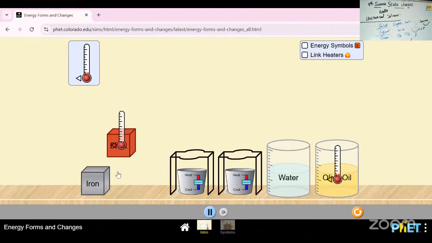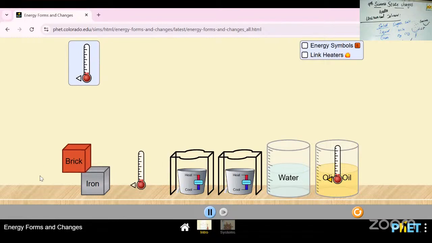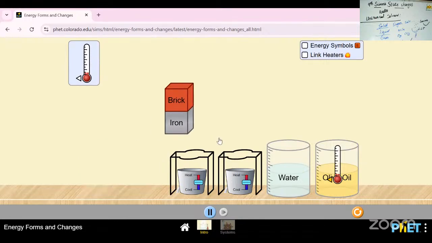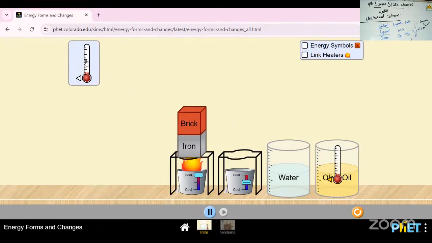Okay. Next one, sorry. Iron. Iron is also one of the important parts. Just I want to heat that. Same means how it is heated, for both iron and the brick.